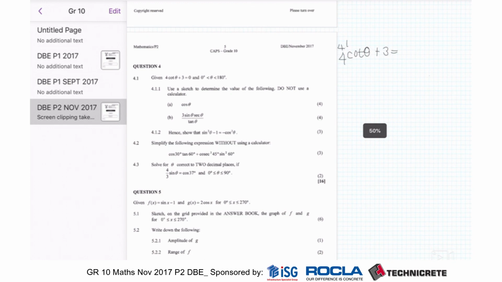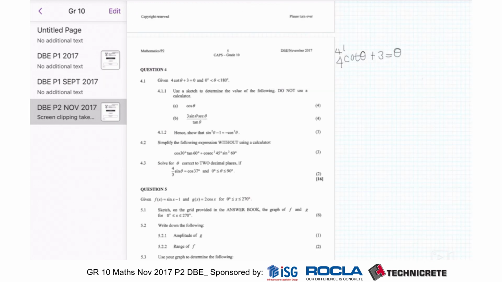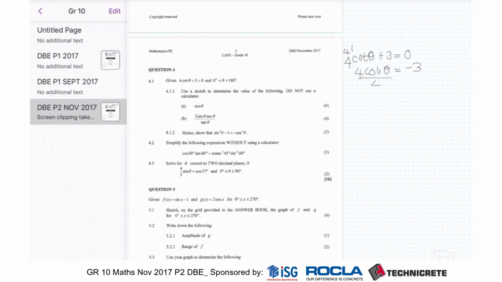So 4 cot theta is equal to negative 3. Divide both sides by 4. Cot theta is equal to negative 3 over 4. And it's limiting us to only work between 0 and 180.